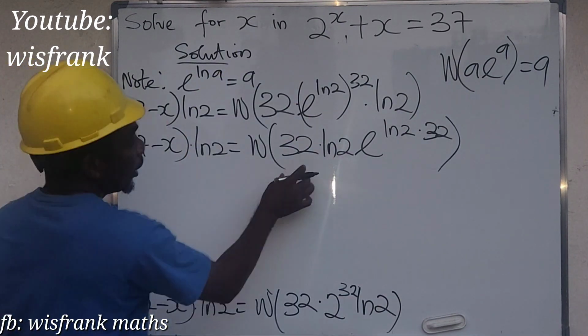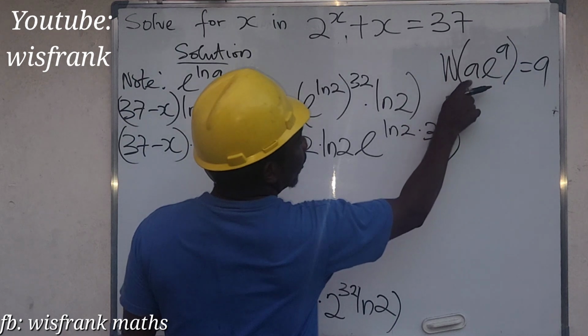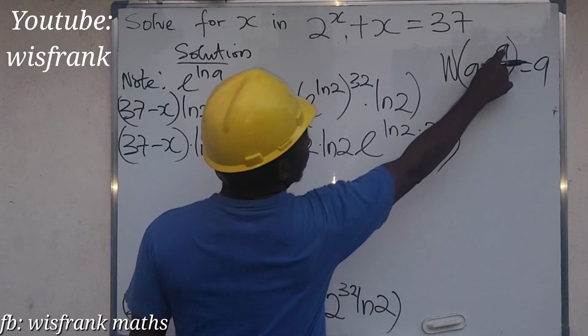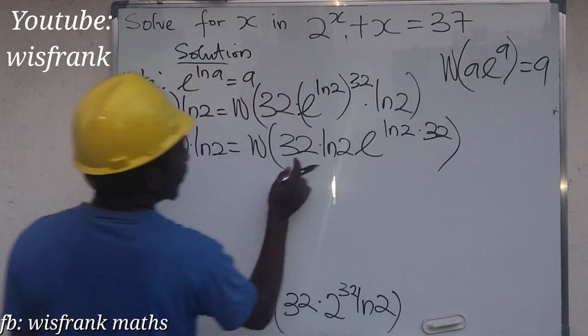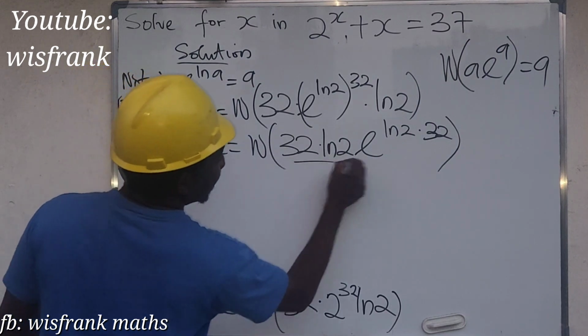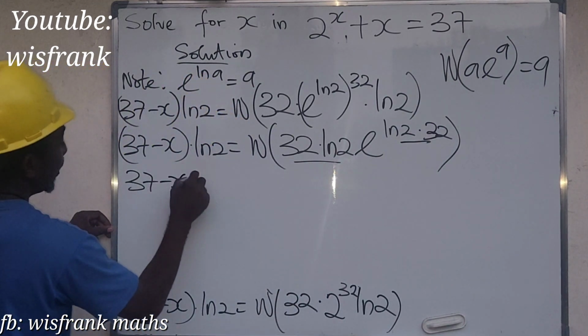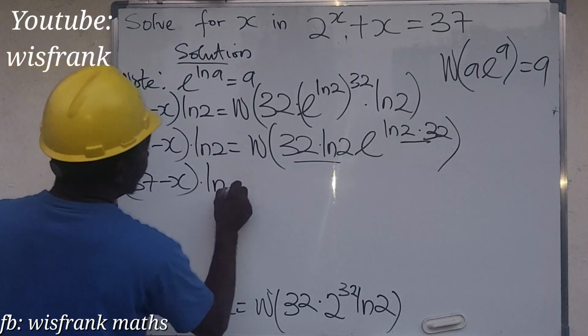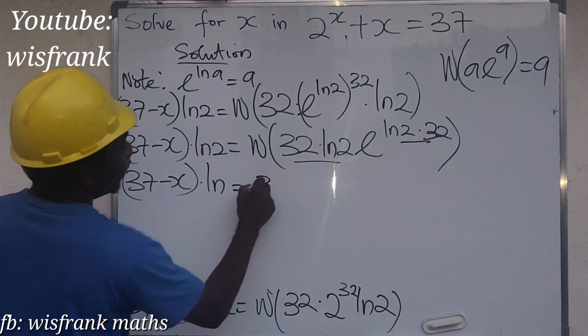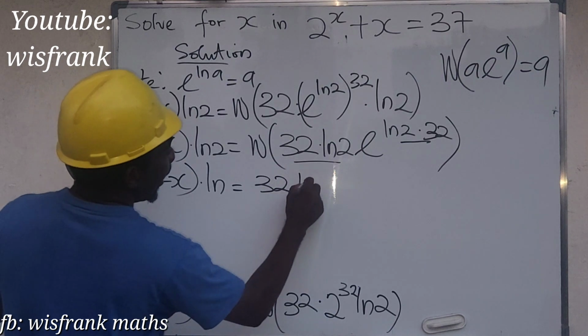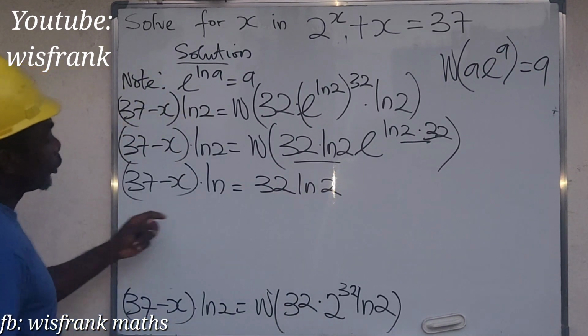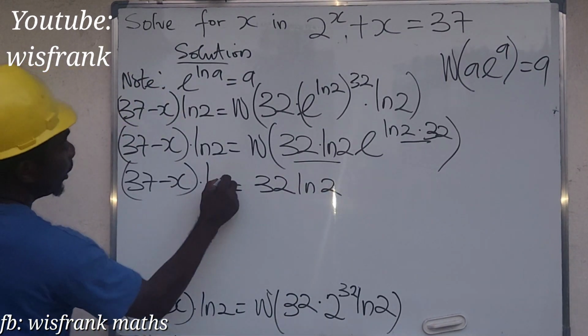Now, since we said that the Lambert W function of a times e to the power of a equals a, this will become, we have this and we have this. So it will become (37 minus x) times ln of 2 equals 32 ln of 2. So this is what we have. This is ln of 2.